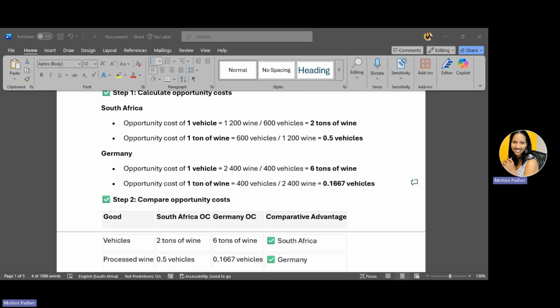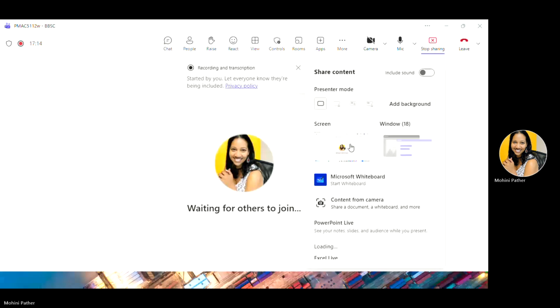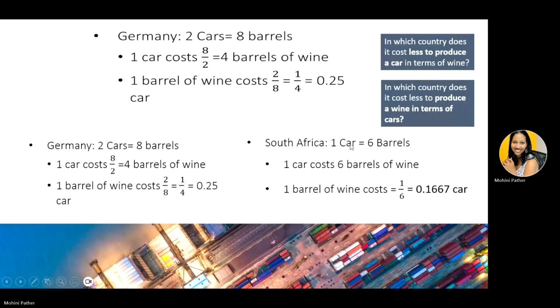So we end up producing the wine. And because each car costs Germany only 4 barrels of wine, they'd rather import it from us. So essentially that's how we get countries to specialize in specific products.